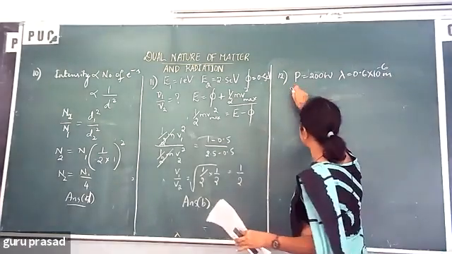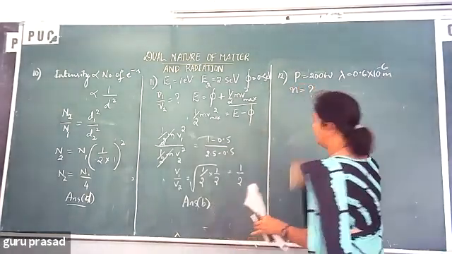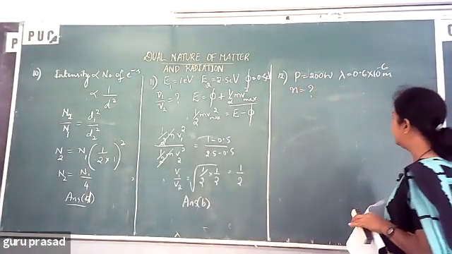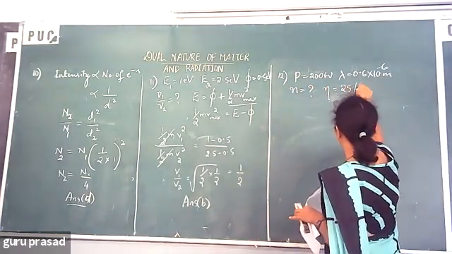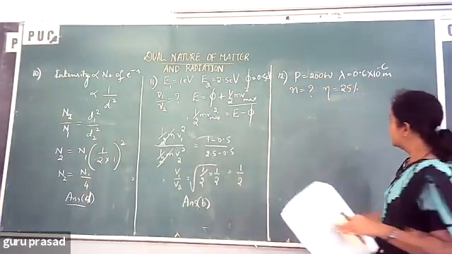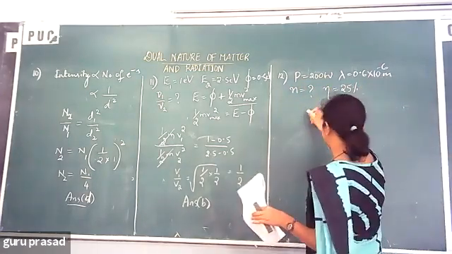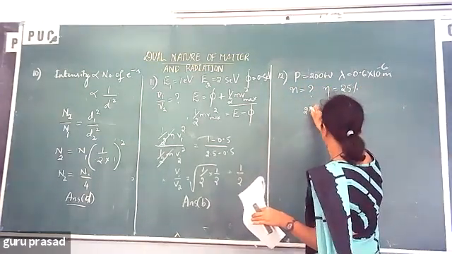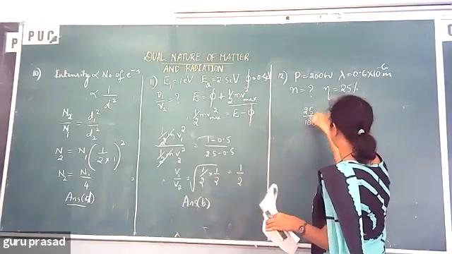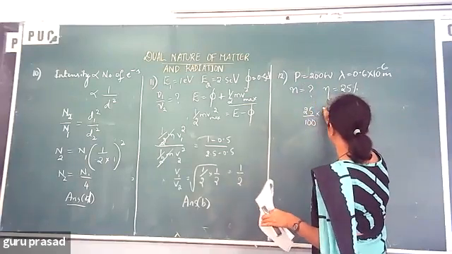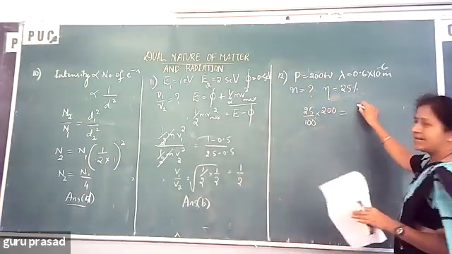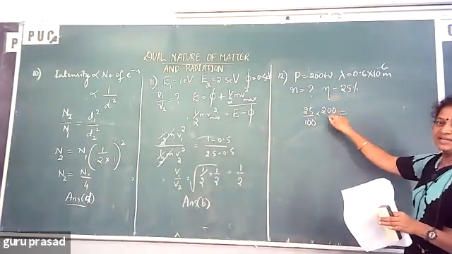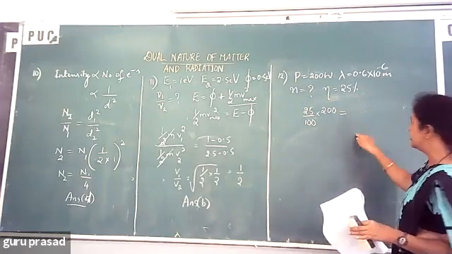Efficiency is 25%, so we take 25% of this power, 200. Power is work done by time, or energy by time.